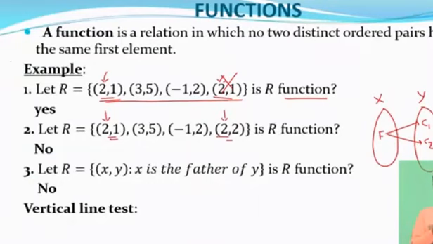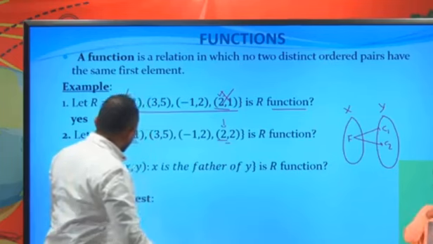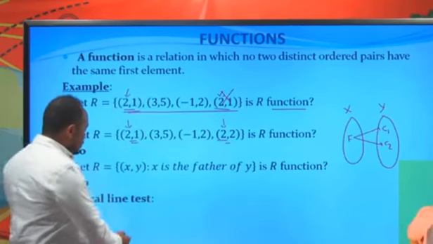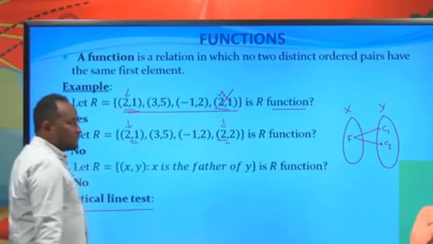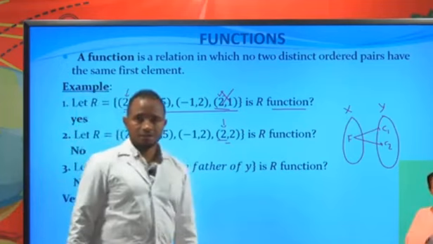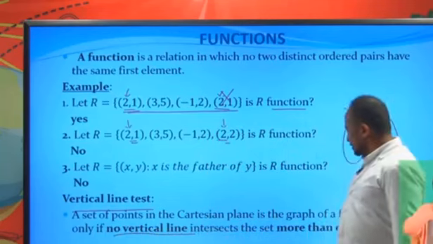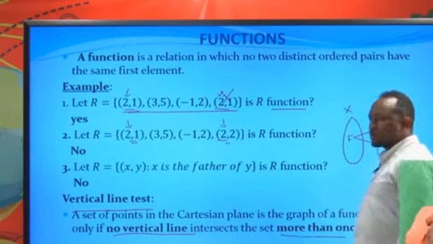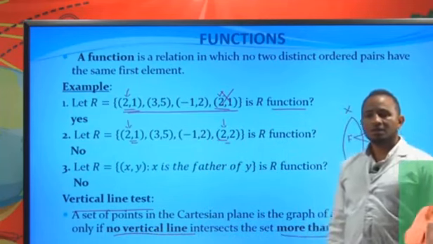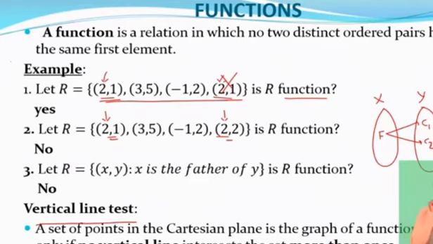If we face a graph and need to check whether that graph is a function or not, we use the vertical line test. Using the vertical line test, a set of points in the Cartesian plane is the graph of a function if no vertical line intersects the graph more than once. In that case, the graph will be a function.